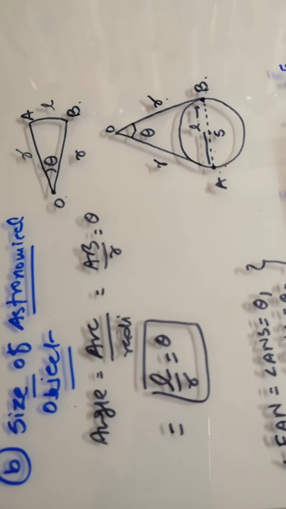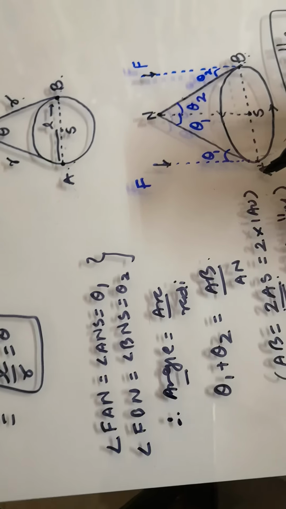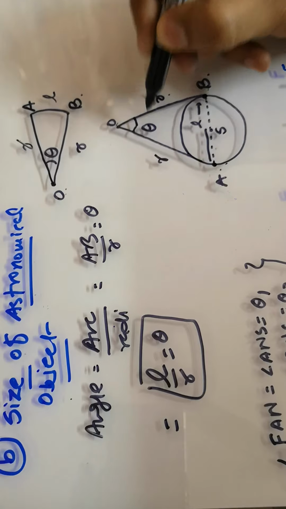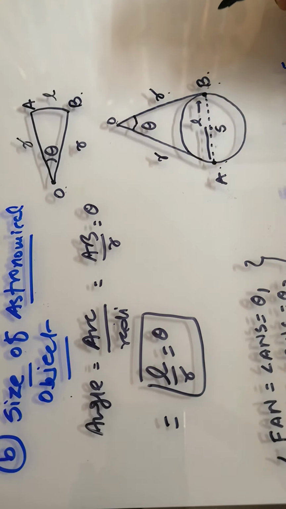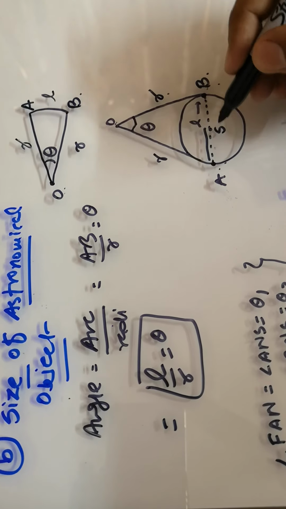As I have told you, let's discuss one example for that. Let's say I have given you this figure. Let's say my 2 points A and B are in front of me, and these are the given points, and this is the diameter.